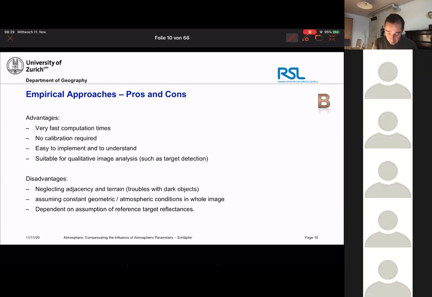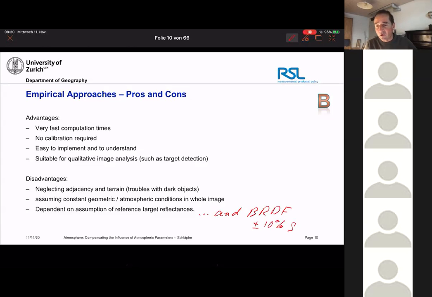And you would also say, the BRDF of the reference targets. So if you measure in the field some reference targets, they are affected by BRDF effects, and this is roughly 10% accurate in reflectance. And so that's how you see how accurate you will be in the end with empirical approaches.